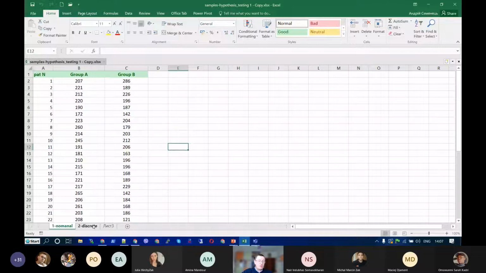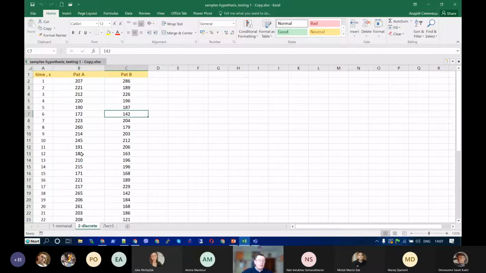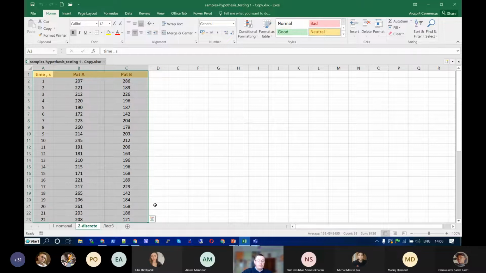We can see it as nominal, when each observation is some measure obtained from a patient, or if we have not patients but we measure some vital characteristics during time, our data turns into continuous. I'm sorry, here we talk about categorical data, and here we talk about continuous and discrete data.